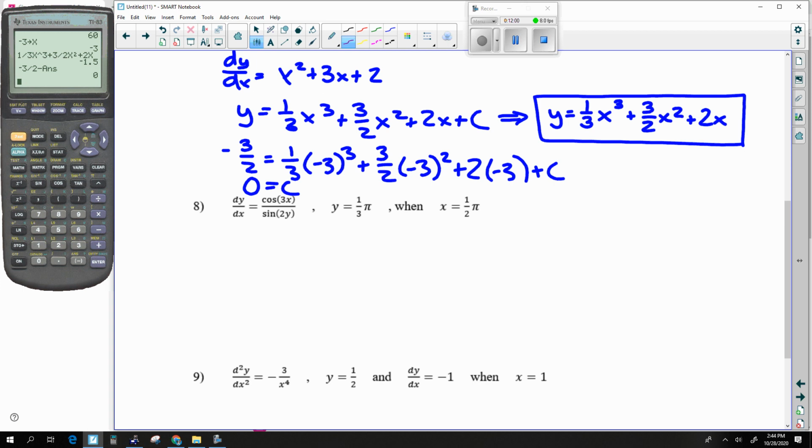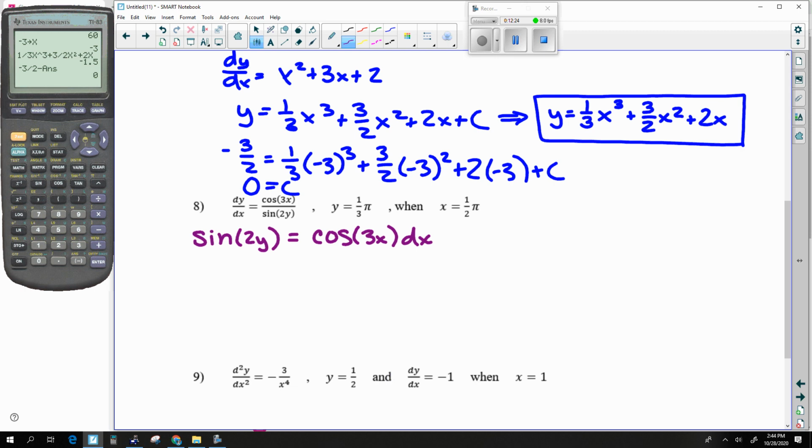Okay, here we have a separation of variables. So I multiply the sine 2y across. So I multiply the sine by sine 2y. I multiply the dx to the cosine side. So the cosine 3x gets its dx on that side.